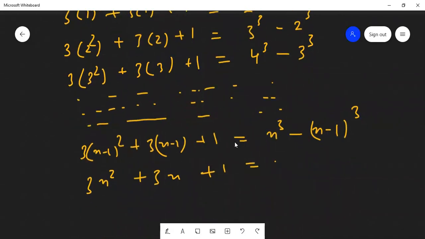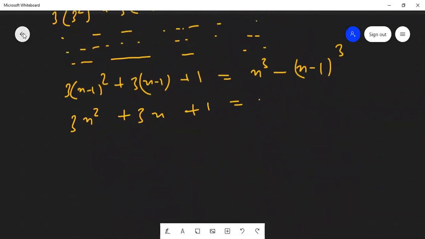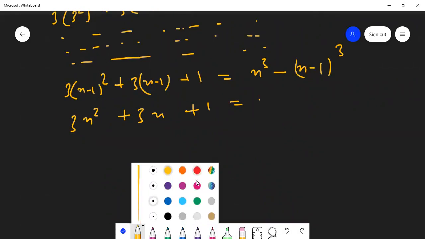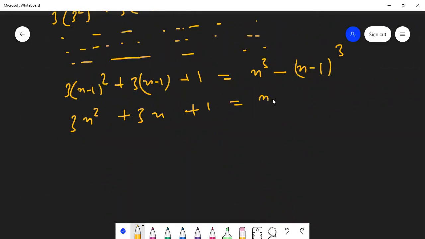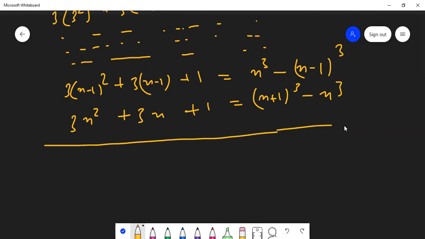Hope you understand this. So this quantity is now n plus 1 cube minus n cube. So I have got all this stuff.